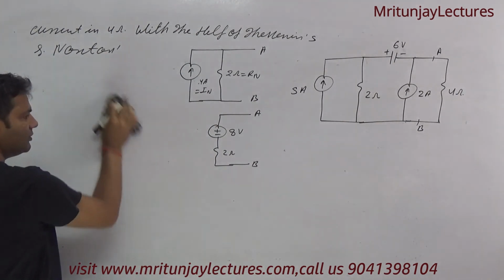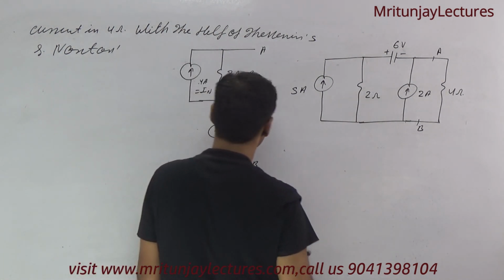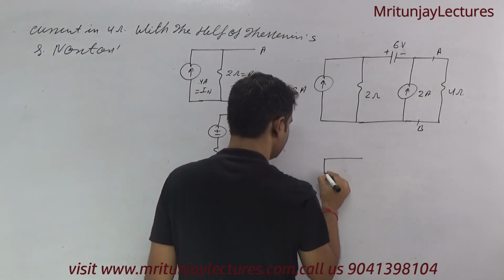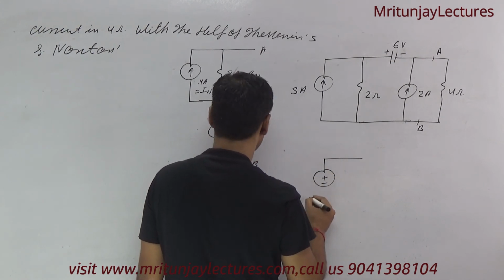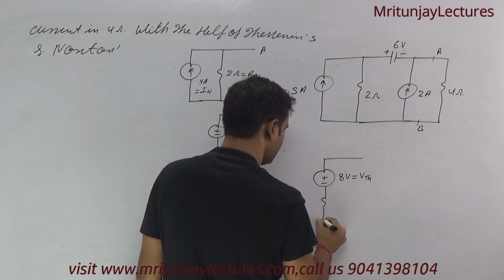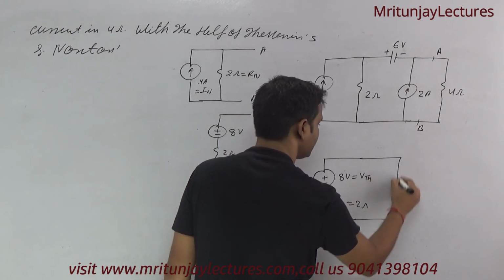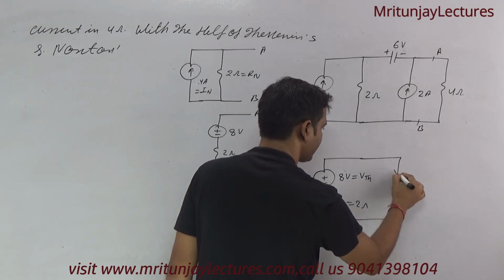Now, what about the current in the 4 ohm resistance? If we follow Thevenin's equivalent, that is 8 volt, that is VTH, and RTH is equal to 2 ohm, and RL is 4 ohm.